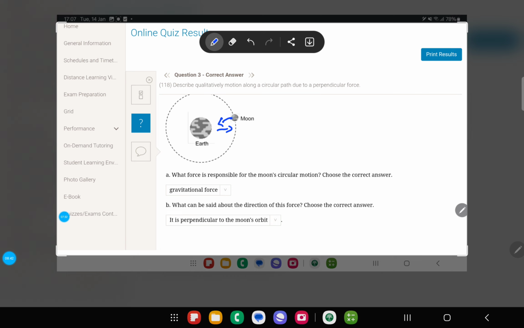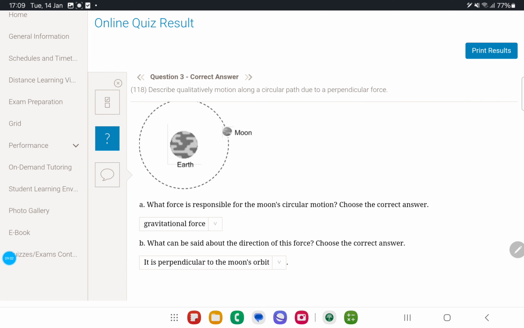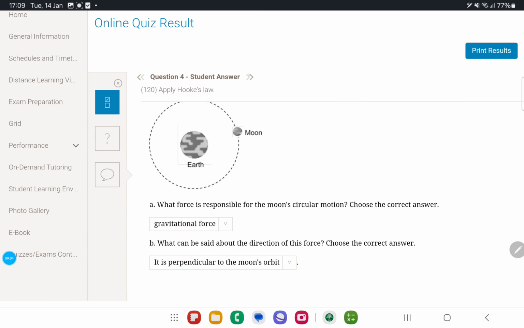Anyways, it's perpendicular to the moon because it's a straight line like this. The force acting on it is from Earth's gravitational force, right? So the force will be from here. This is perpendicular to the moon. That's why it's stuck in that orbit, because of the gravitational force. Alright, that's it.